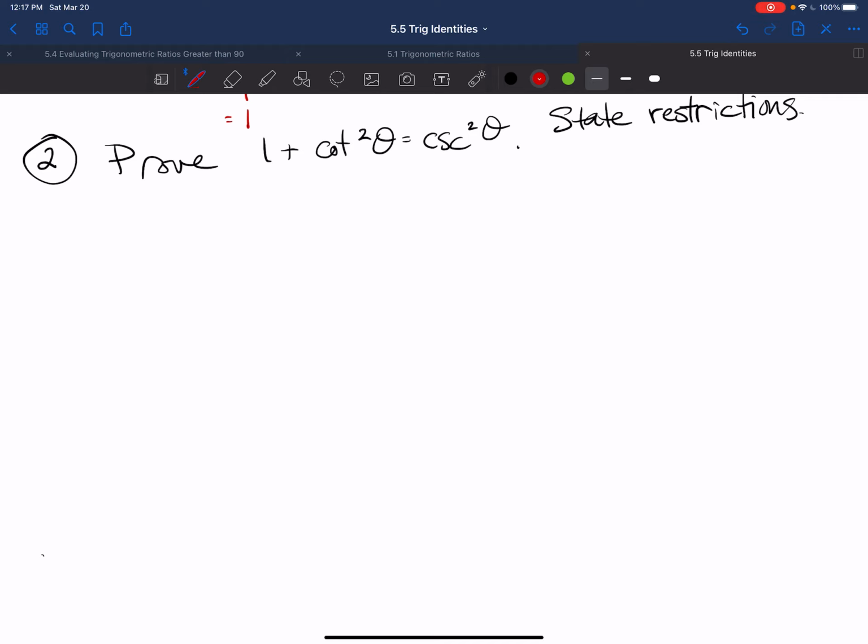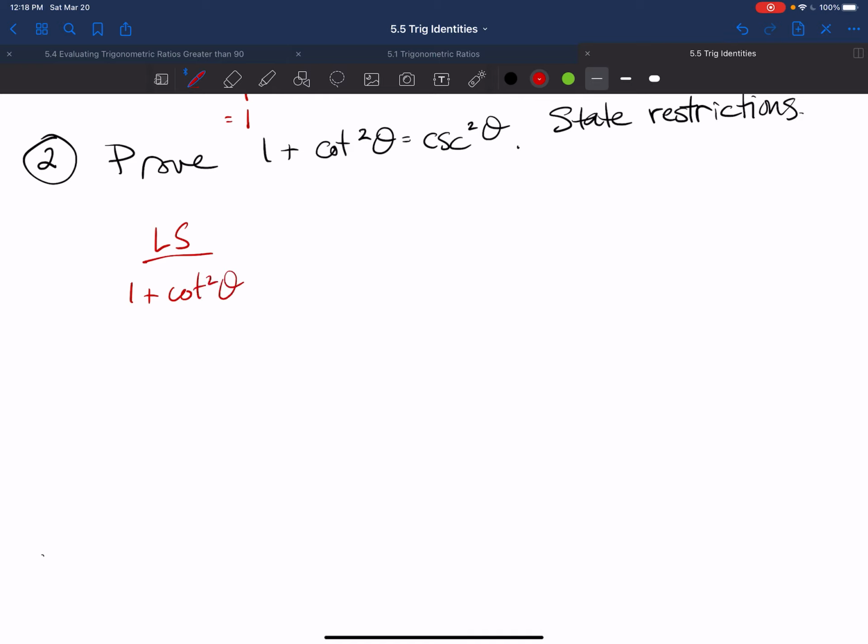Sometimes it's obvious, sometimes it's not. And sometimes you'll have to do something to both sides to try to get it the same. In this question, I have 1 plus cotangent squared theta. It just has a little more going on than the other side, so I'm going to choose that. I'm going to write LS to show that I'm working on the left side.